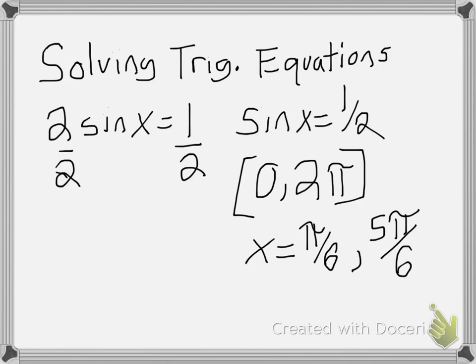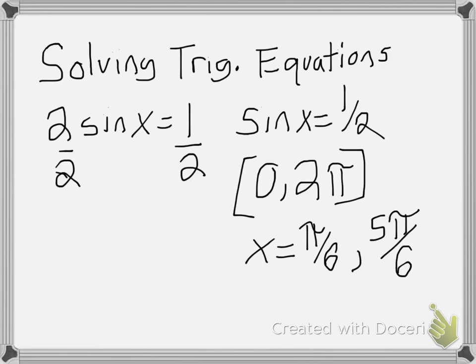Now in quadrants 3 and 4, the sine is negative because the y value is negative and you're under the x-axis. So the simple answer for this simple equation is pi over 6 and 5 pi over 6. Those are the 2 places between 0 and 2 pi where you get a sine of x equal to 1/2.